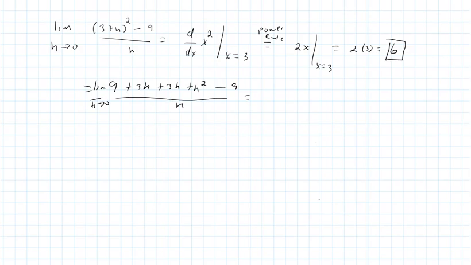So now we combine, so the 9 cancels with the 9, and we're left with 6h plus h squared all over h.